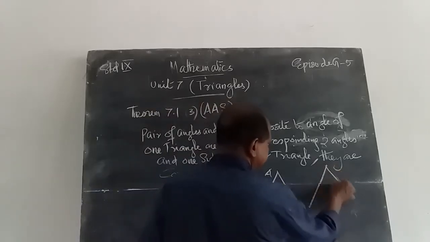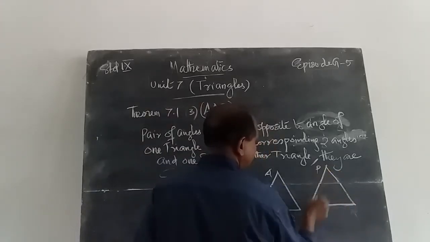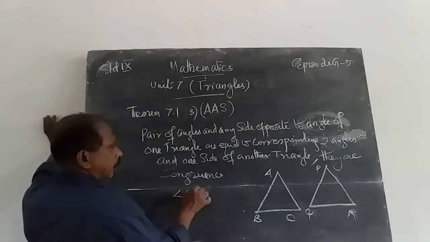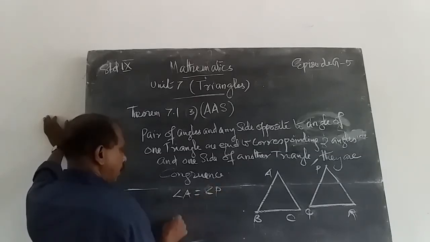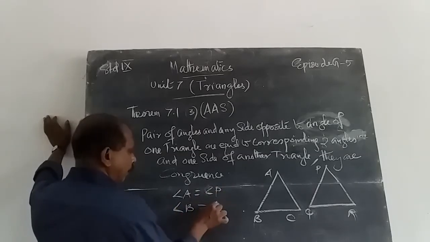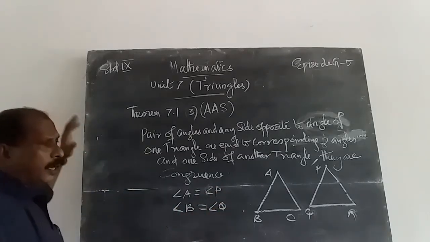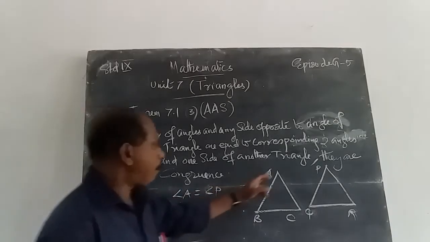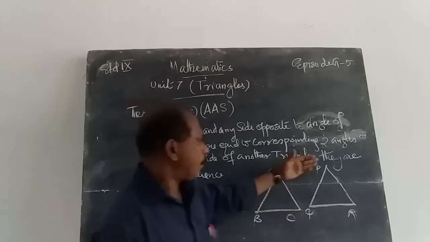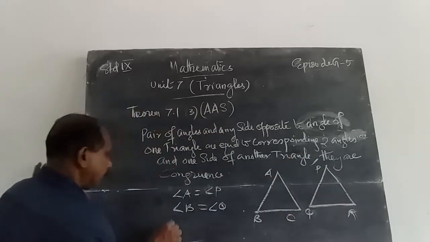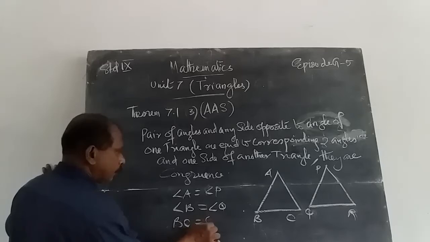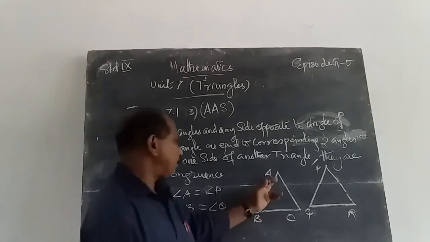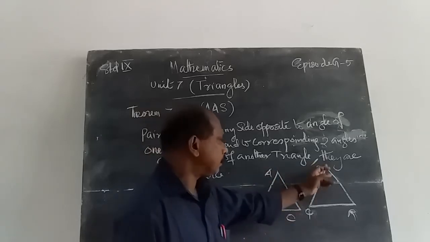Angle A is equal to angle P. Angle B is equal to angle Q. Then any one side opposite the angle, that is opposite to A is BC, or QR. So BC is equal to QR. Or opposite to B, that is AC, is equal to PR.